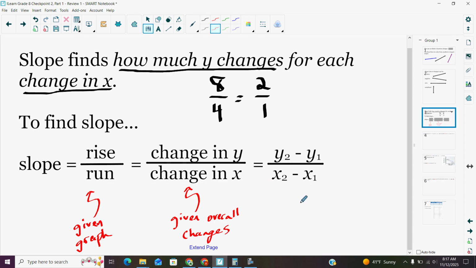And then y2 minus y1 over x2 minus x1. All of these, we're doing the same thing, but a lot of times we'll want to use this when we're given 2 points. We're given 2 ordered pairs.